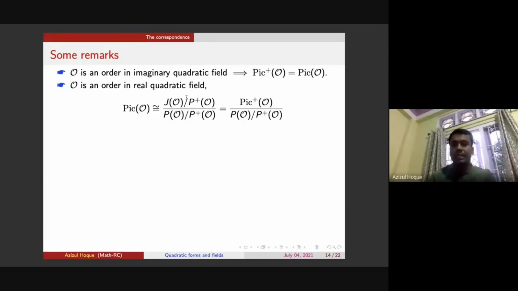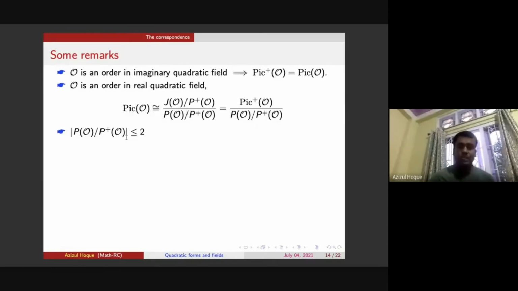And this is basically Pic plus. So this contains the ideals with positive norm as well as negative norm, but here we have only positive norm. So the index is at most 2.